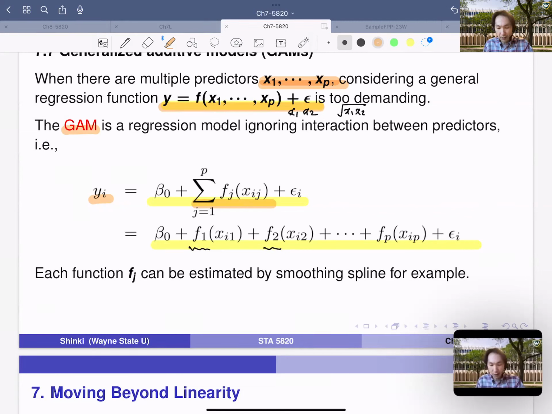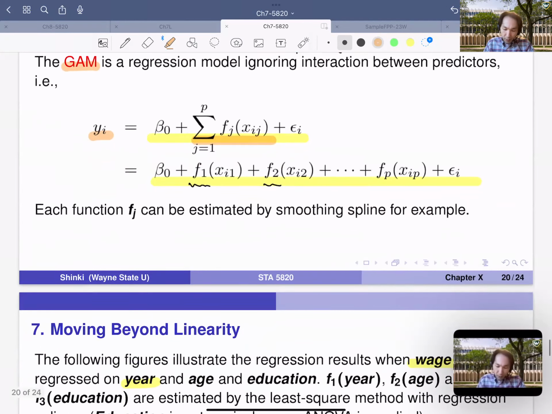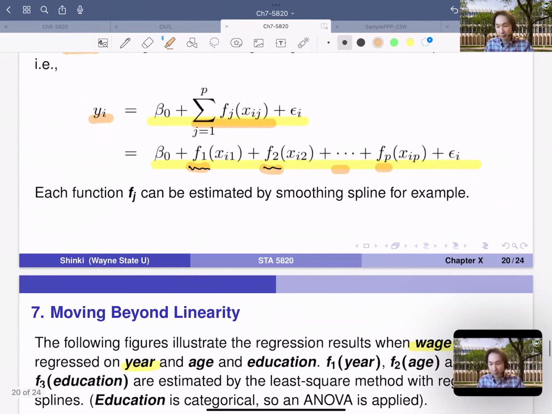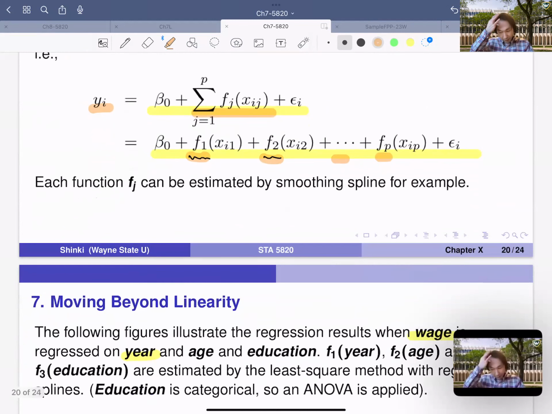This assumes that the effects of x1 to xp on y are not related to each other. So basically, we have to specify how f1, f2, f3, up to fp look, but except for that, we don't have to specify a more complicated relationship between y and x1 to xp.